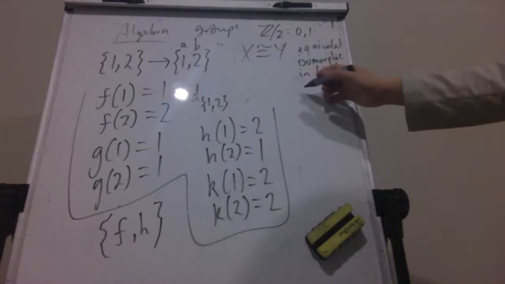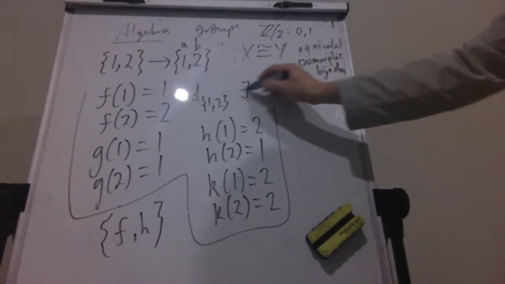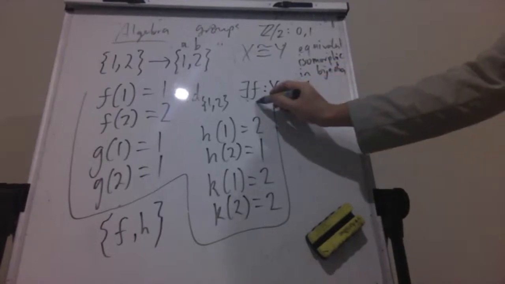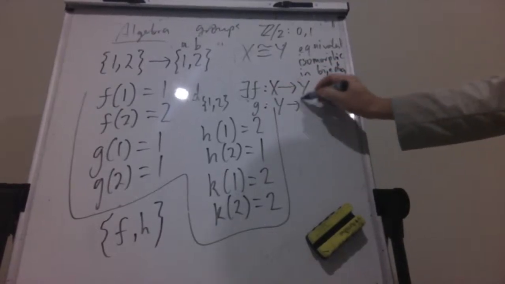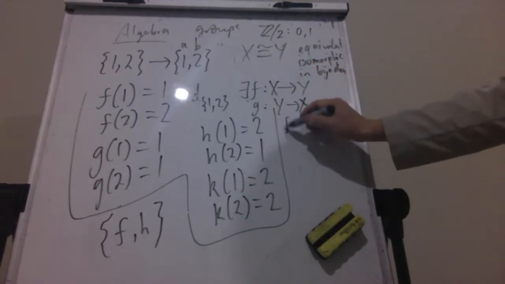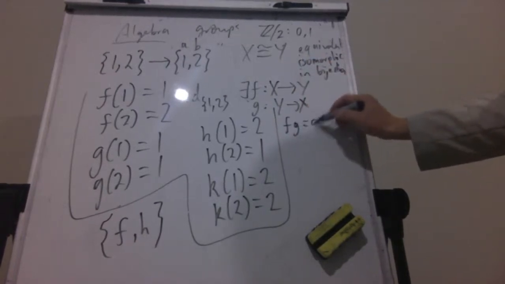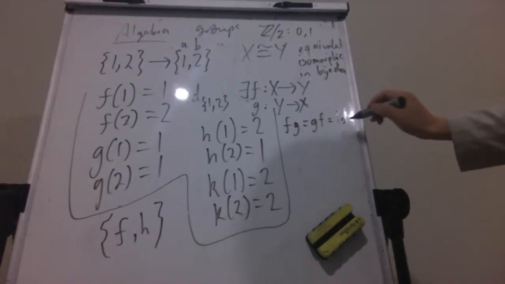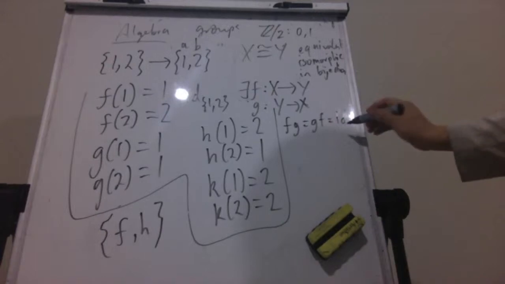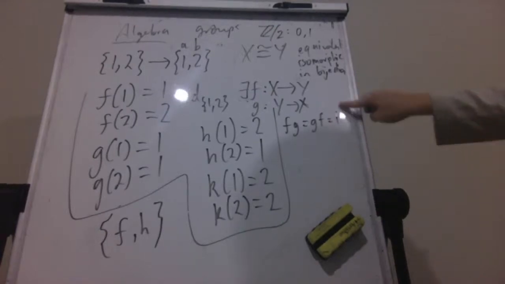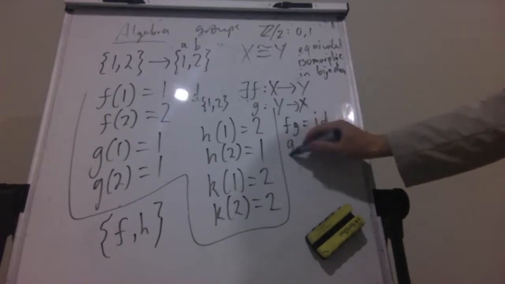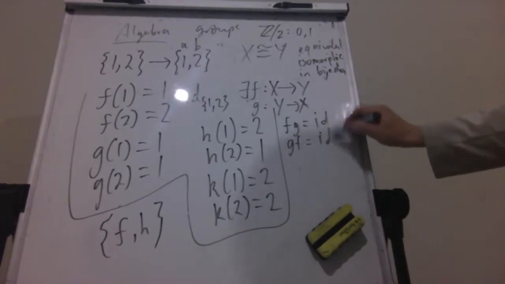If there's a function f from X to Y, and g from Y to X, such that they're inverses. So basically, if there's an invertible function. This is a bit of an abuse of notation because one is an identity on a different set.